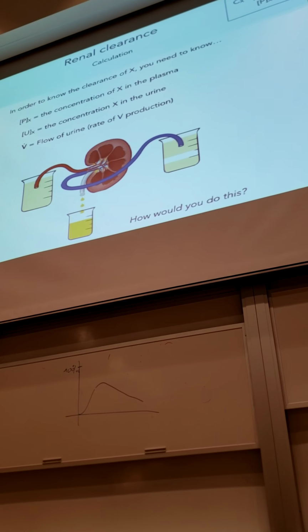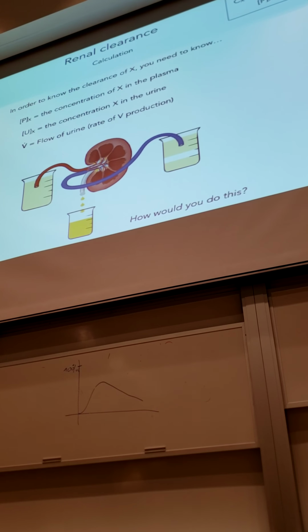So why is this useful? Well, this can tell us something about the rate of cleaning the blood. That's a good way of thinking about it. We're cleaning the blood, that's the job of the kidneys. We're getting stuff out of the blood, getting rid of waste products. And we want to know how many milliliters of our blood plasma are getting cleaned. That's the way to think properly about renal clearance.